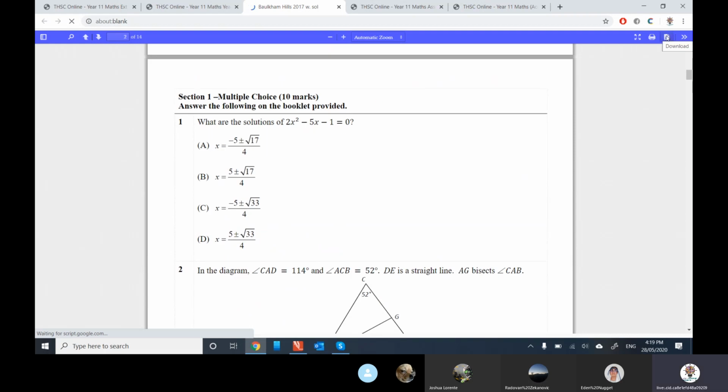Can we save this or what? Script.google.com. All right. While it's waiting, we're going to start anyway, and then I'll try to put it onto my program. All right, here we go.